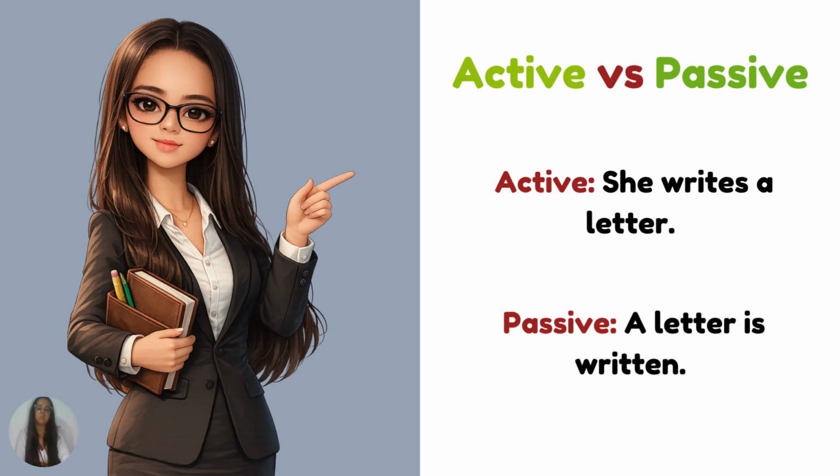In the passive voice, we say a letter is written. Now, the focus changes to the letter, not the person. Sometimes we can include the person using by, for example, a letter is written by her, but it's not always necessary.